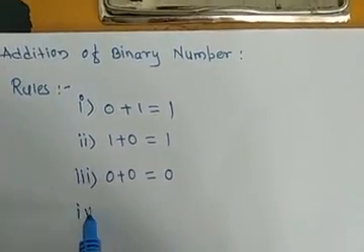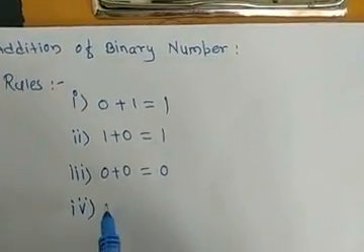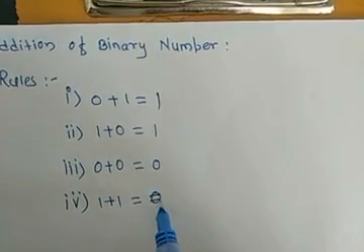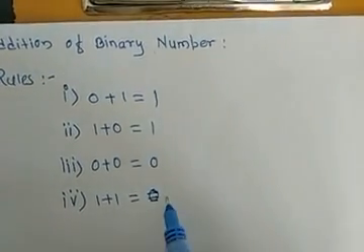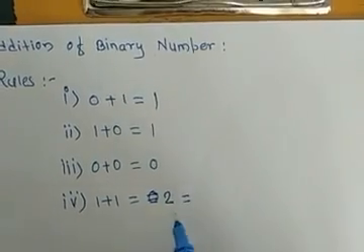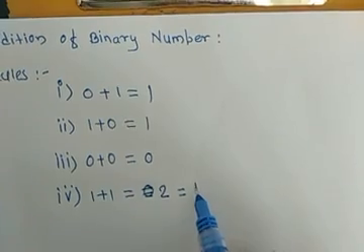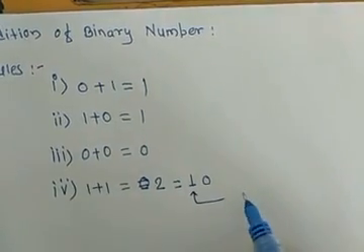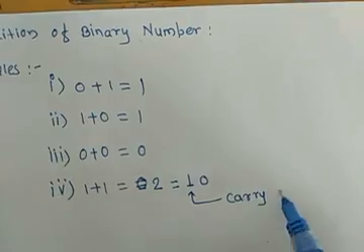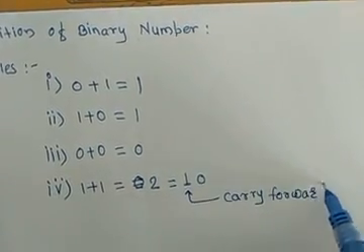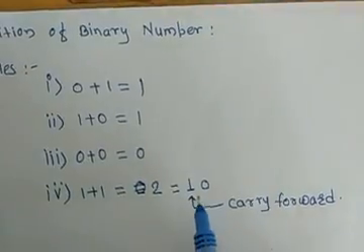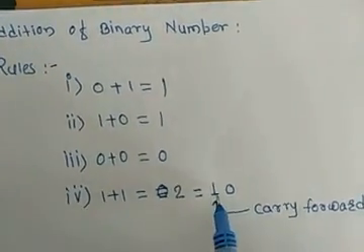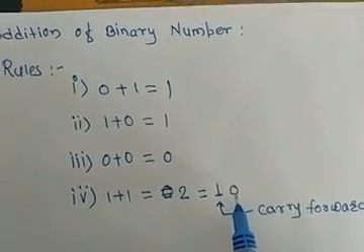And the last rule is 1 plus 1 is equal to, sorry, in decimal it is 2. In binary numbers we write it as 10, where 1 is a carry forward, which is the carry we use in regular addition. So we read it as one-zero, not as ten.